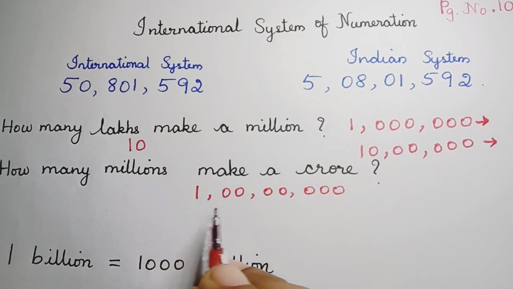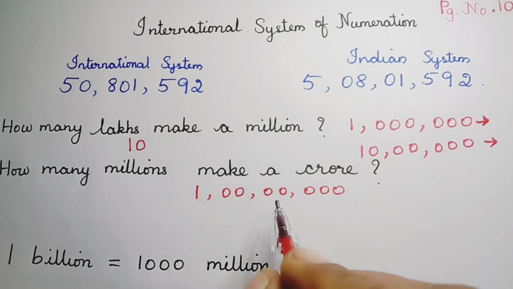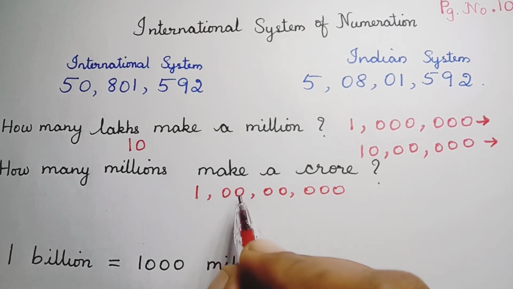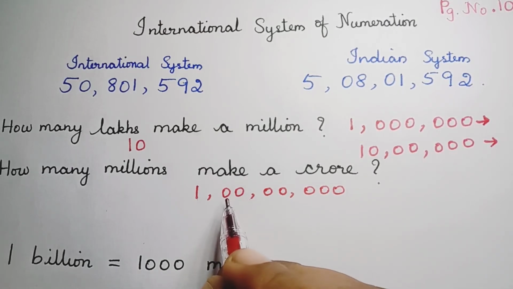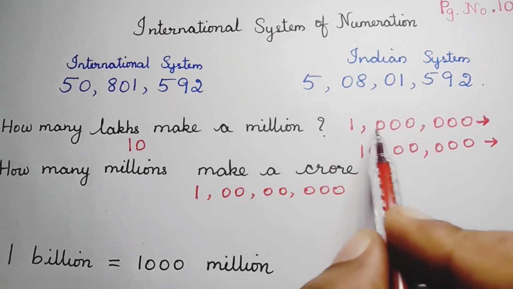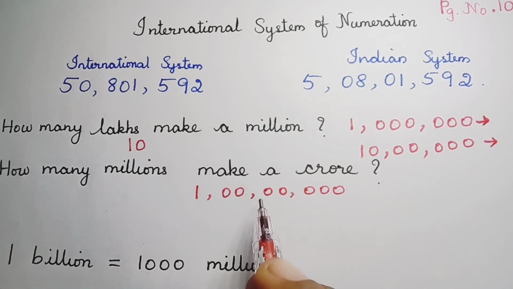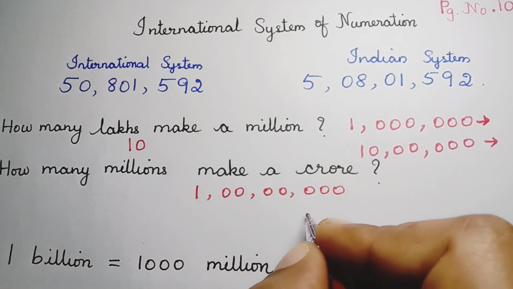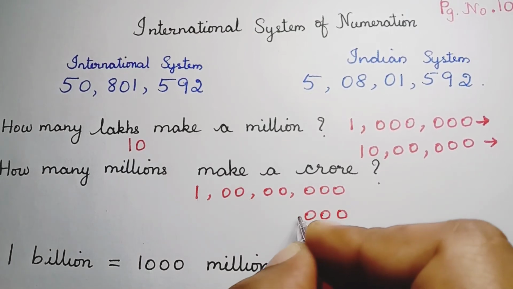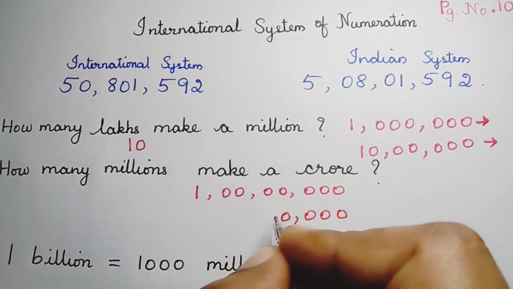This is the Indian number system. If it is separated by 2 zeros, it is the Indian number system. If it is separated by 3 digits, it is the international number system. So the question is how many millions make a crore? Now we will write this in the international number system. First the 3 zeros will be the same.